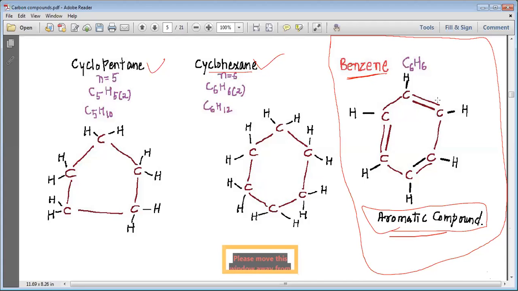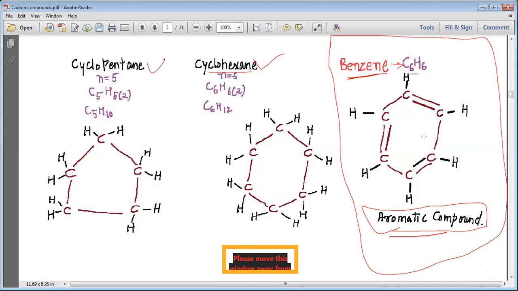Benzene has 6 carbons, each carbon is bonded to 1 hydrogen, and this makes C6H6. So the molecular formula for benzene is C6H6, and the structure of benzene is represented in this manner.